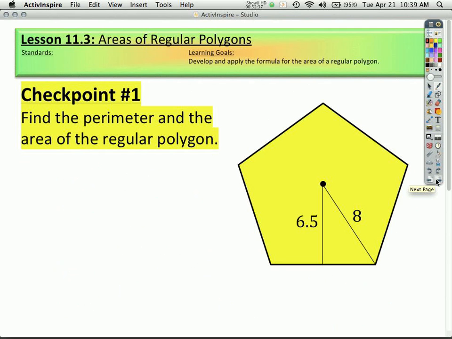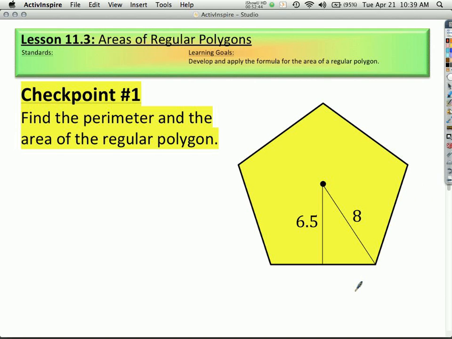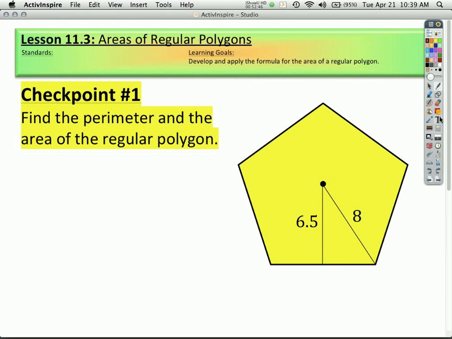Checkpoint number 1, find me the perimeter and area of this regular polygon. And this distance right here is the apothem. That is a right angle right there.